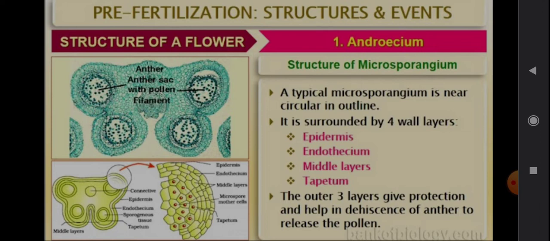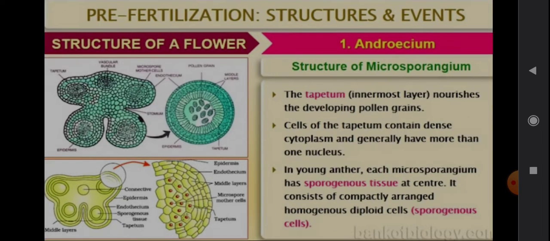So these three layers protect the pollen grains. So what does the tapetum do? It helps in the nourishment of the developing pollen grains. The other three layers protect, whereas the tapetum nourishes. The cells of the tapetum contain thick cytoplasm, and generally they have more than one nucleus.